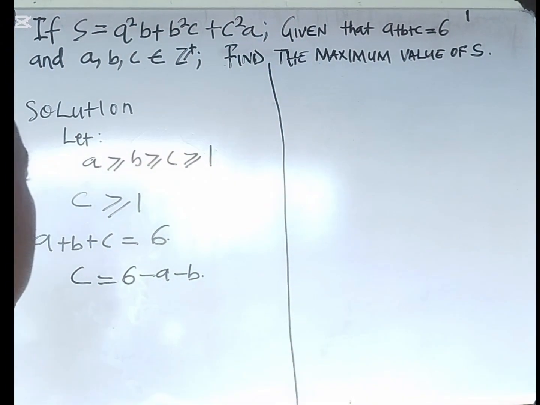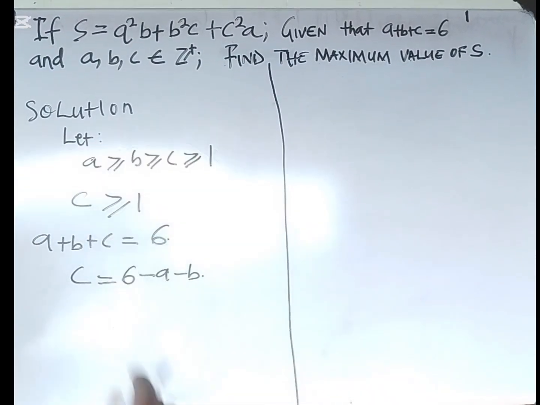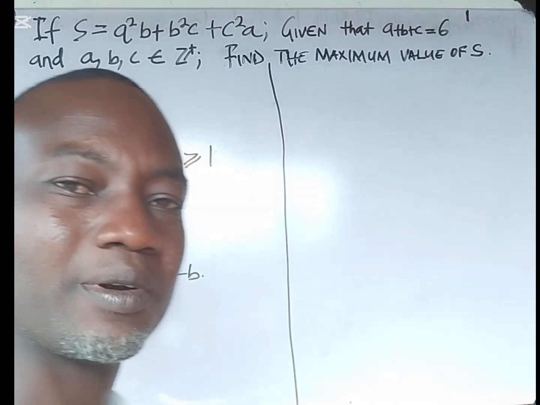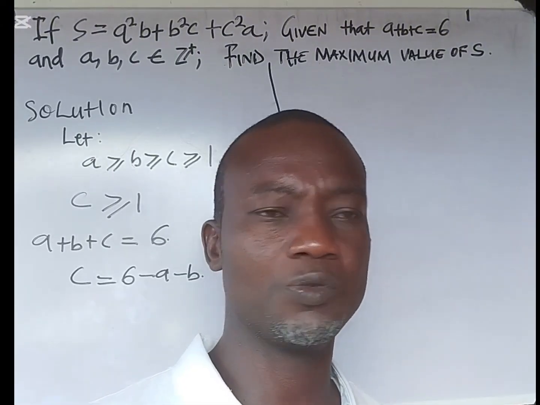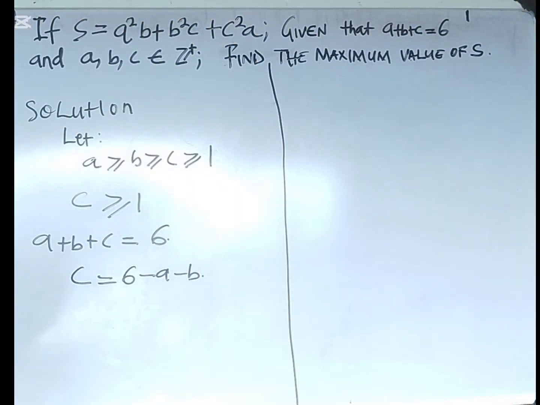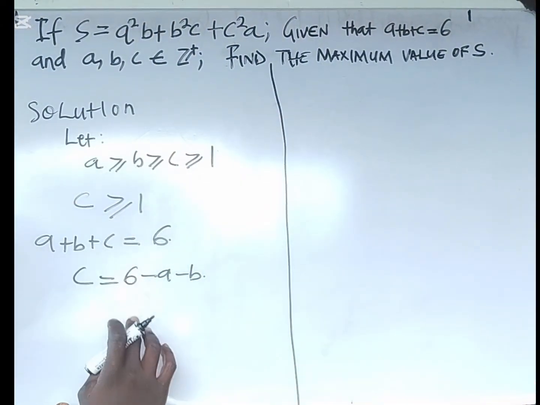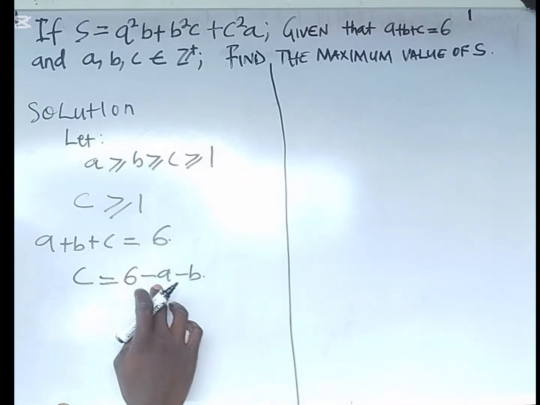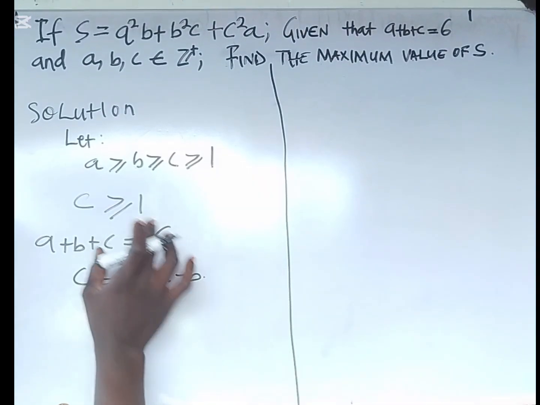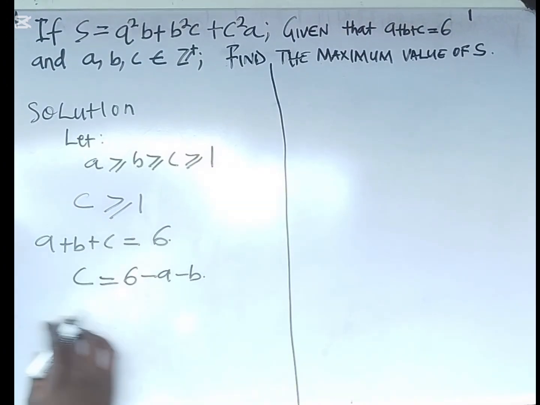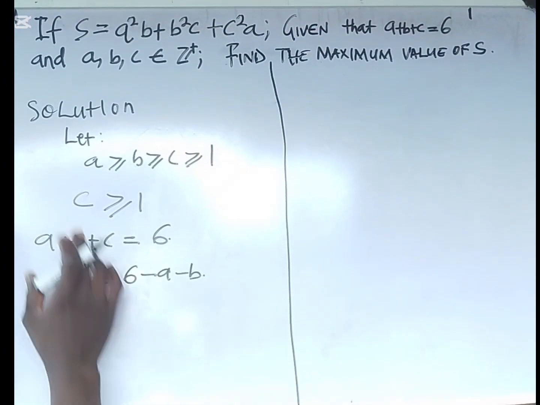Now the next thing I'm going to do is to rewrite this inequality in terms of a and b. The only way I can successfully do that is if I substitute for c in this inequality with this 6 minus a minus b. So let's do it together.